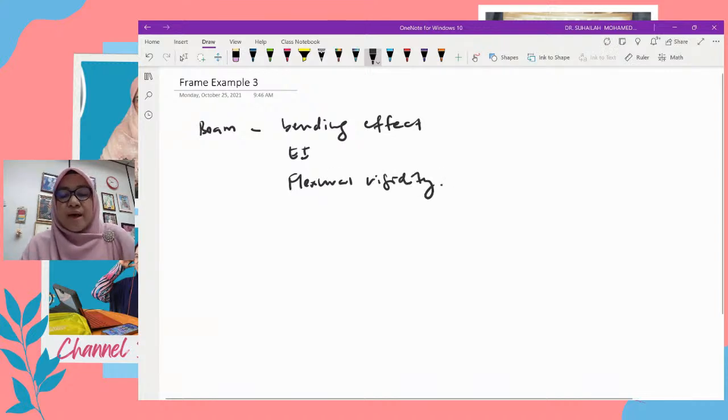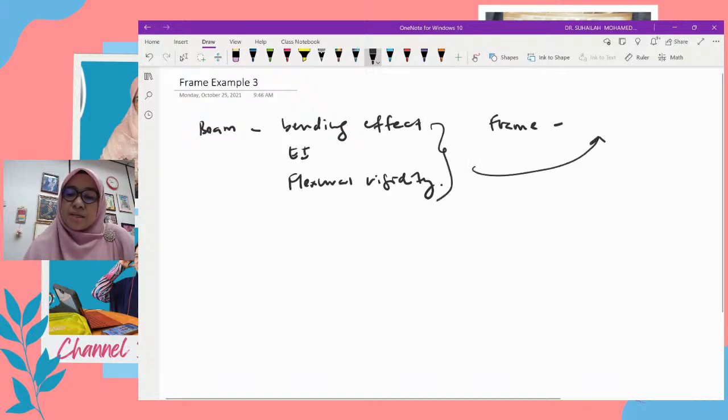This is for the beam. A frame has a similar analysis, meaning everything here must be considered as well, plus it may have additional axial rigidity.